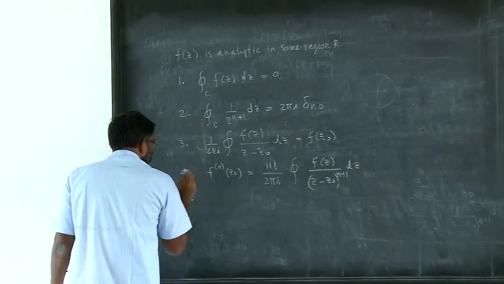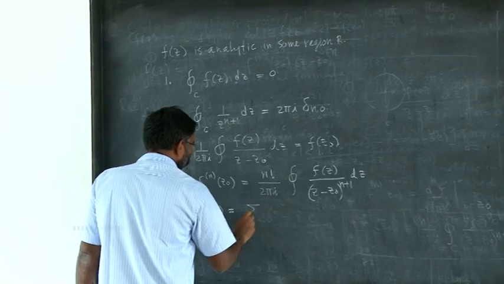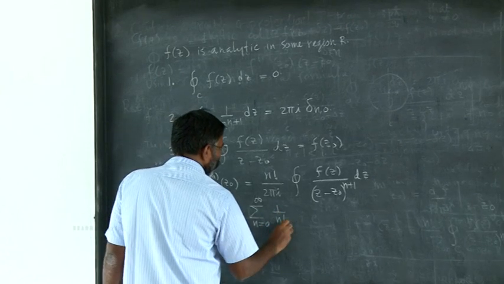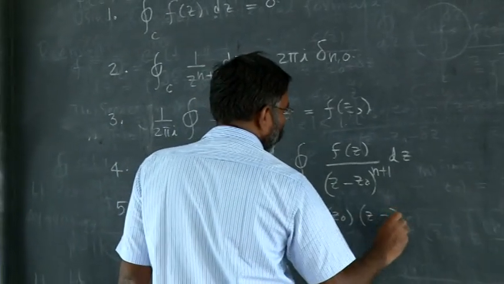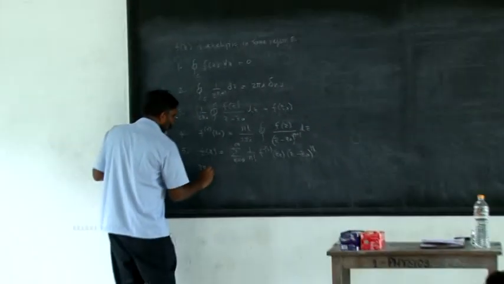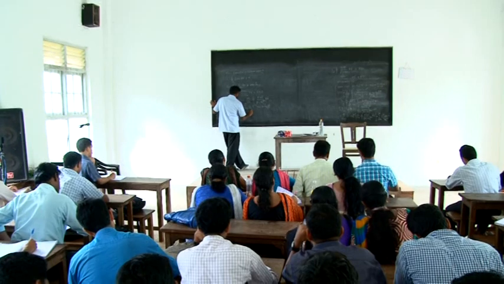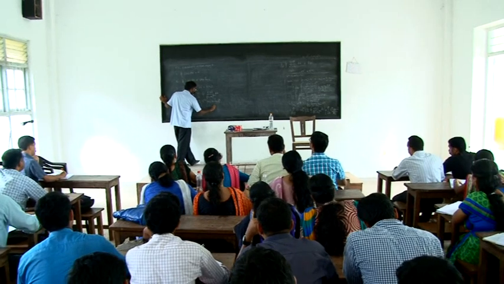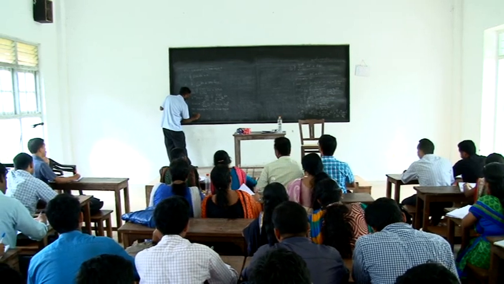And then we were able to write down f of z as a Taylor series expansion, the sum from 0 to infinity of 1 over factorial n into the nth derivative at z naught into z minus z naught to the power n, and the right hand side converges to f of z in some region around z naught.